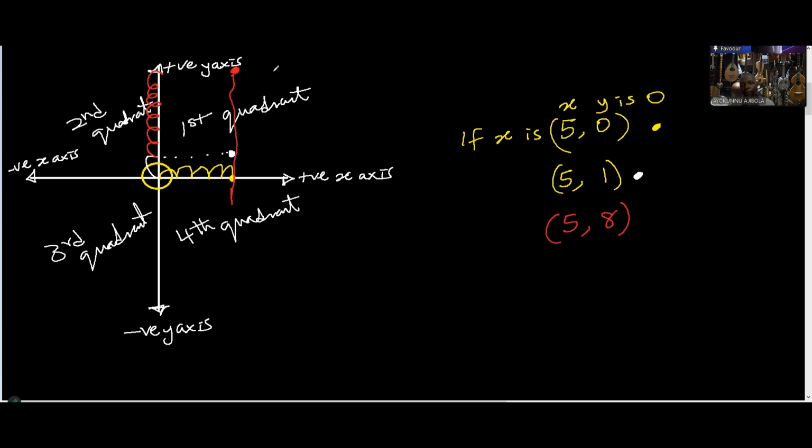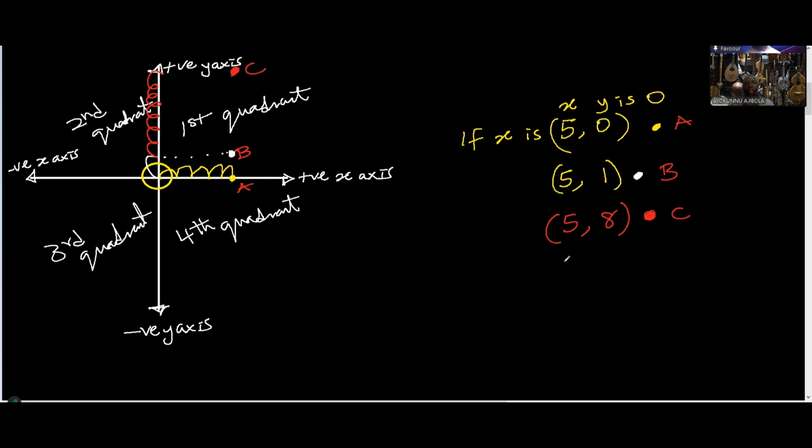So this would be that particular point there. If we name the point A, this would be point A, 5 comma 0. If we name this point B, this will be point B. And if we name this point C, this will be point C.